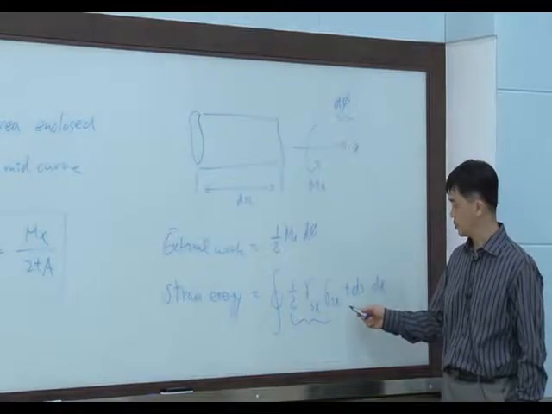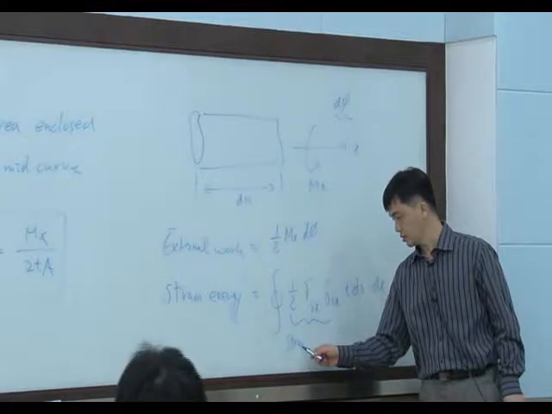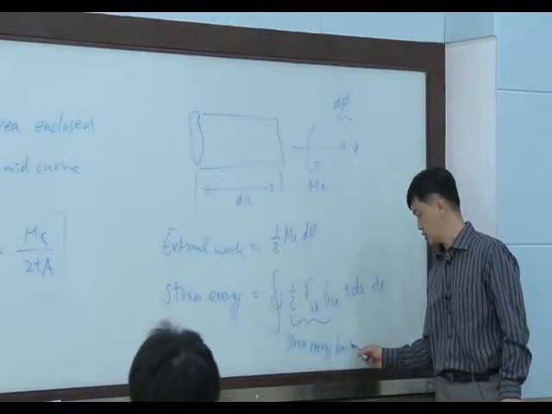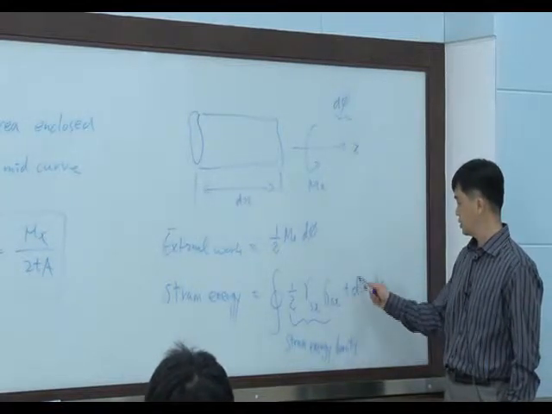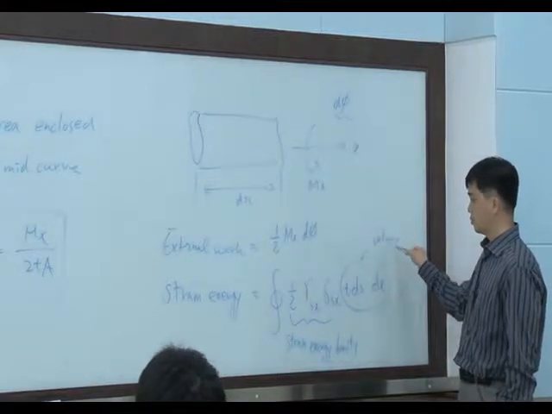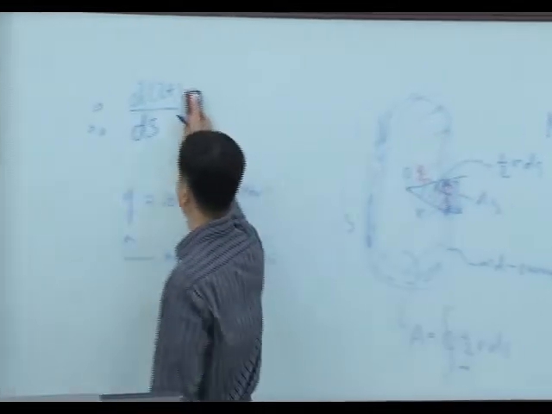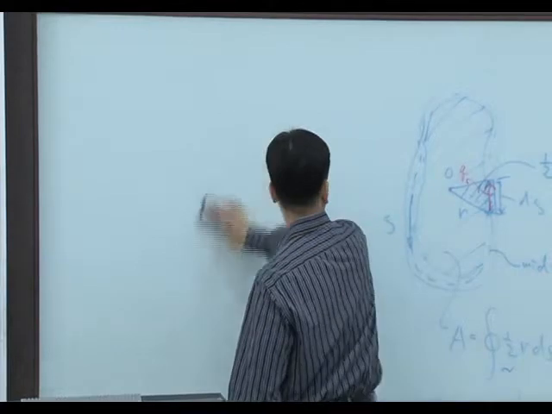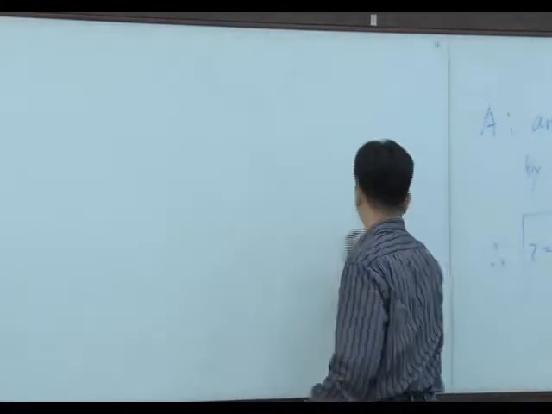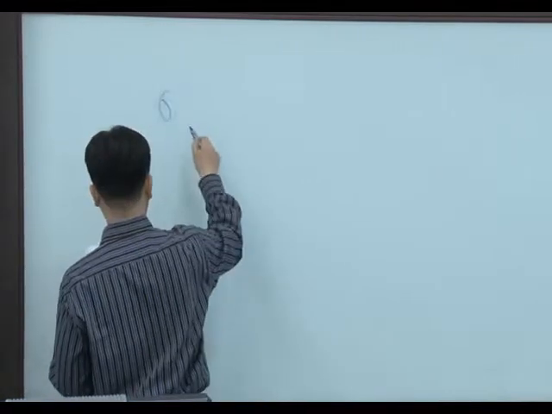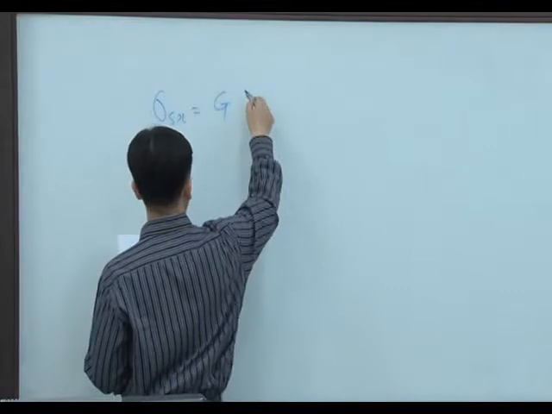So I need to calculate the volume here. Then for the strain energy, we can use the material law, tau equals G gamma.